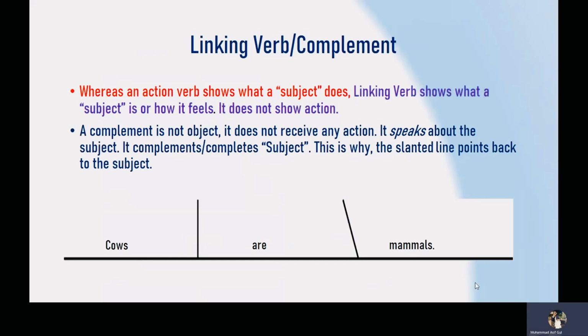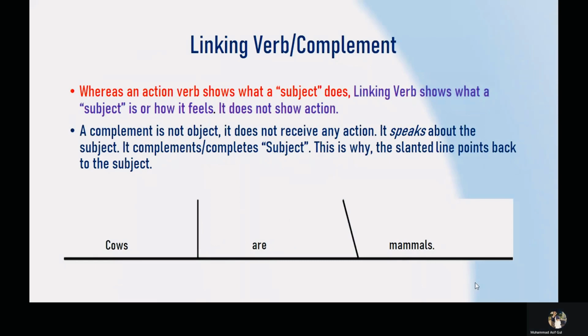Whereas a linking verb shows what a subject is or how it feels. Linking verbs do not show action. This is the main difference between action verbs and linking verbs.